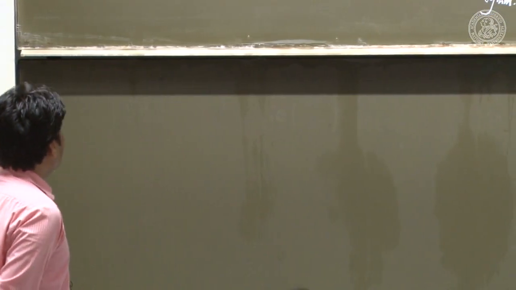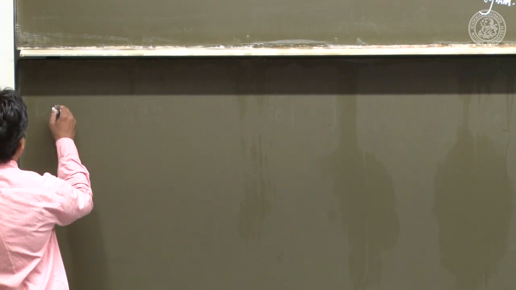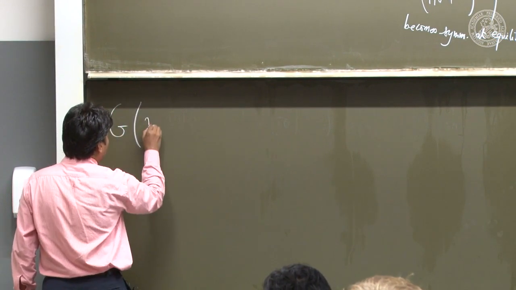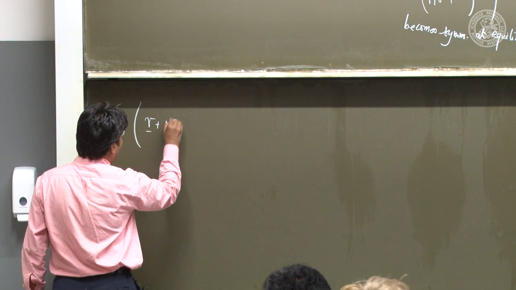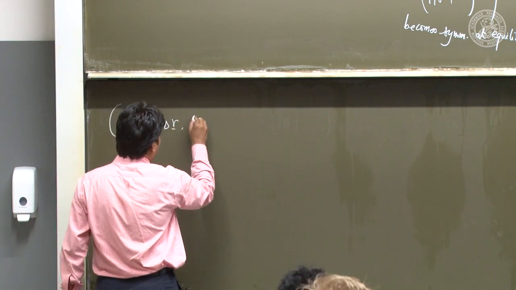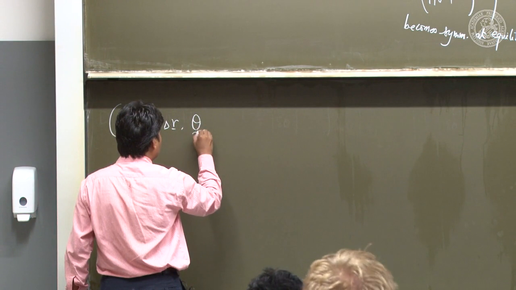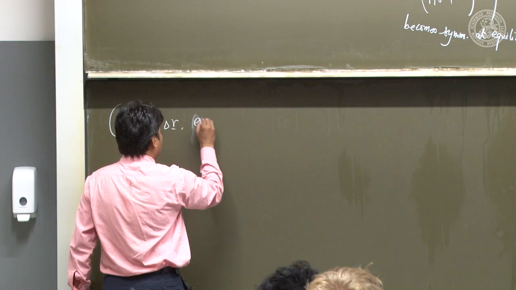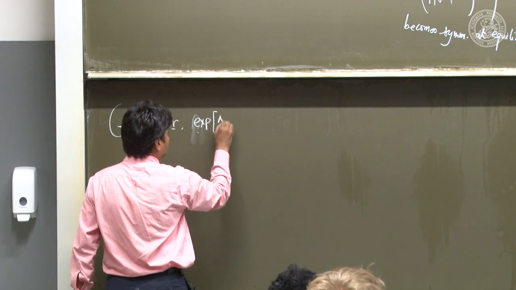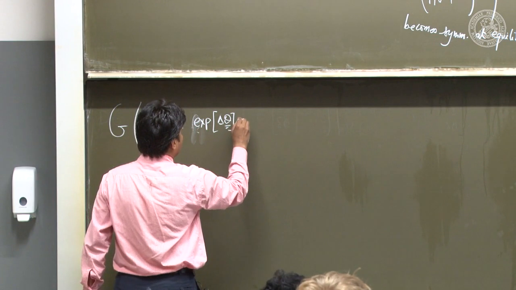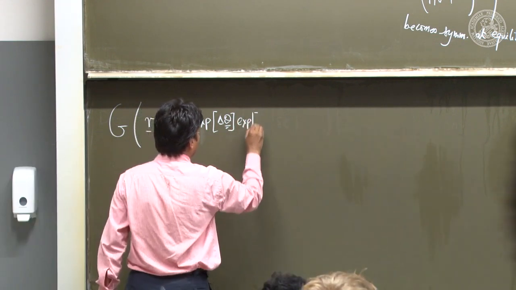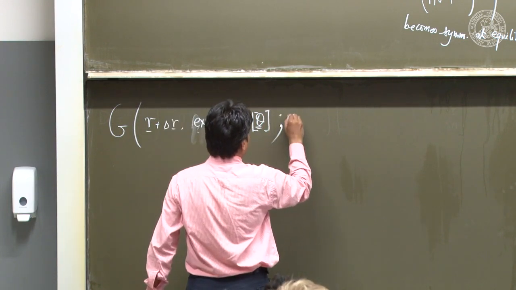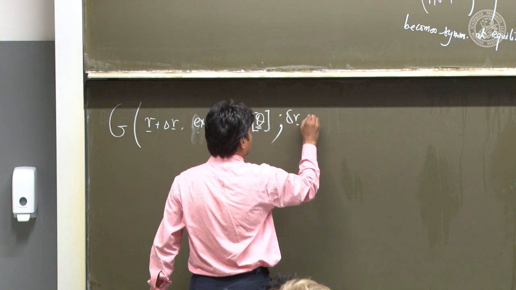Okay, so now we go back to what we had. Do you remember your G at little r plus delta r, comma theta? Of course, you won't say here, maybe you can say exponential of delta theta times exponential of theta, del little r, del little theta.